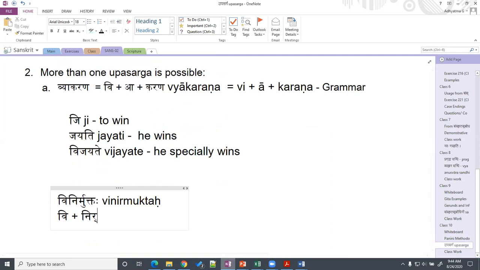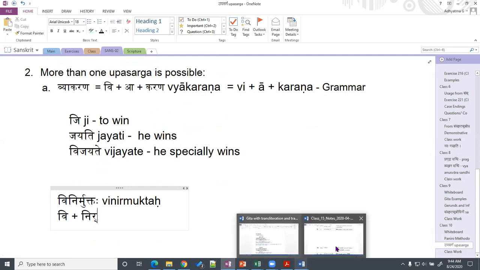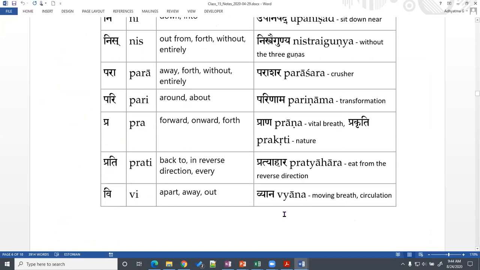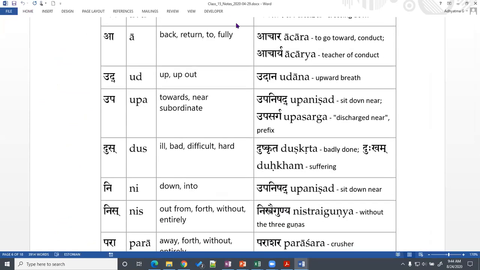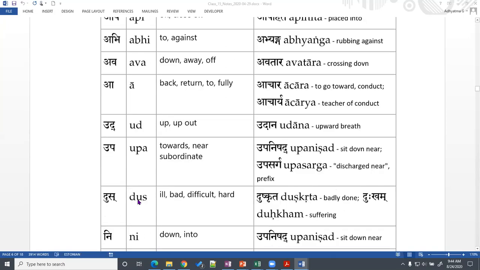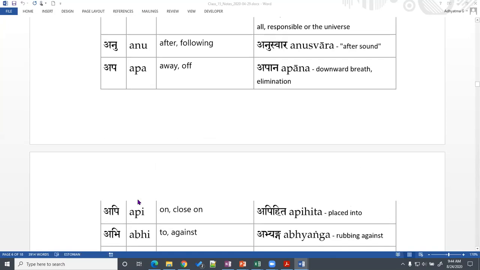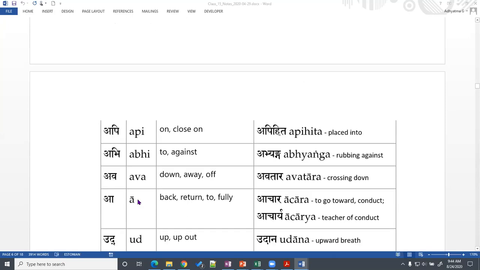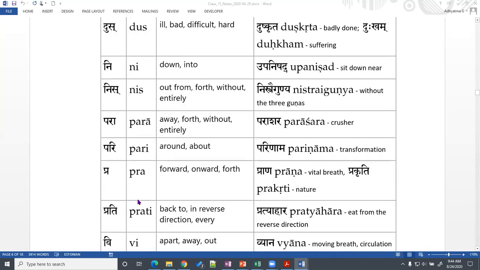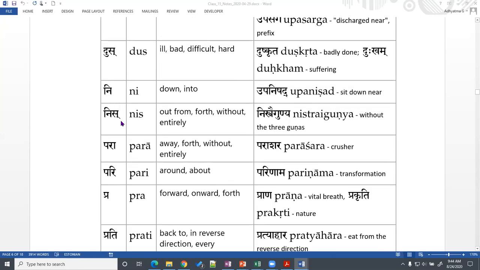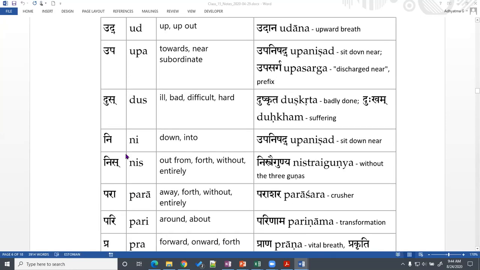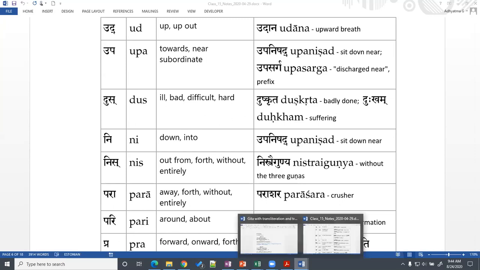If you look at the prefix table we had, there should be nis, and that will become nir.